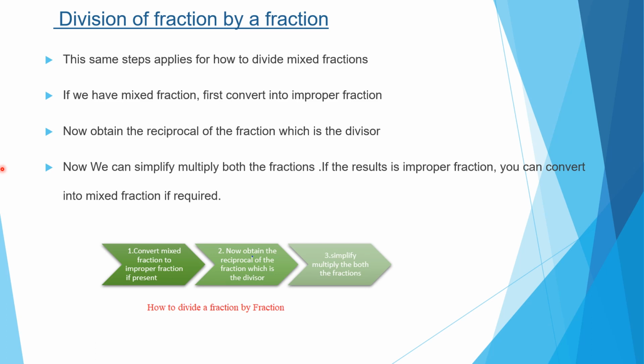Otherwise, the divisor means the number by which we are dividing another number. Here usually it will come after the division symbol. Okay. Then we have to simplify both by multiplication of fractions, and again convert the improper fraction into a mixed fraction. So convert the mixed fraction into an improper fraction, then obtain the reciprocal of the divisor and simplify by multiplying both fractions.